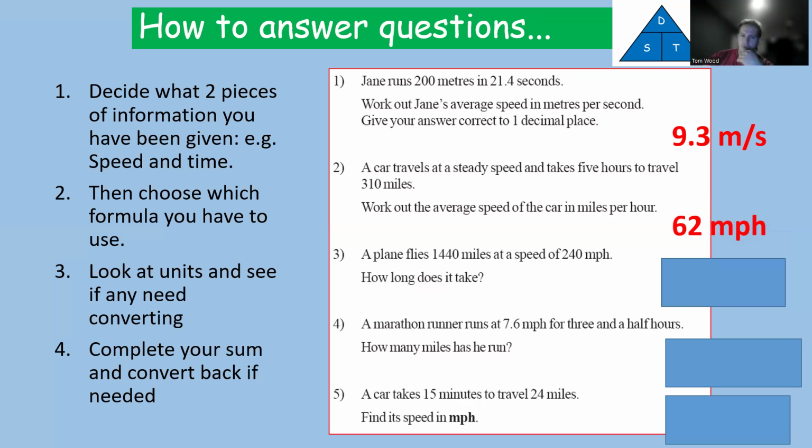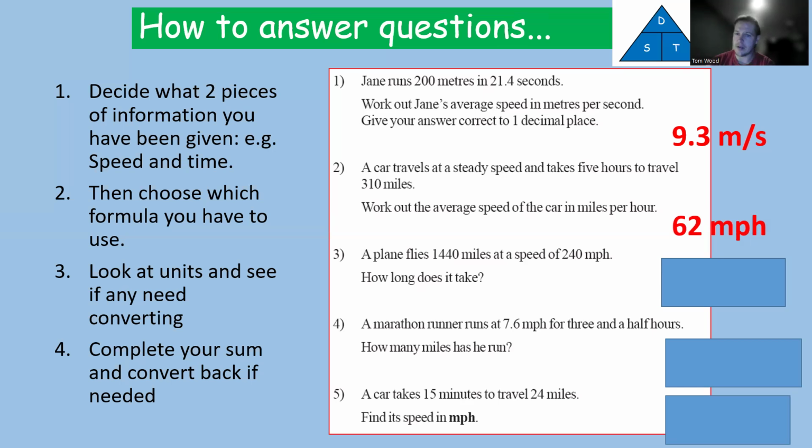So a plane flies 1,400 miles at a speed of 240 miles per hour. How long did it take? Okay, so how long? That is a time frame. So let's cover up time. Now I've got distance over speed. Distance divided by speed. Even just for writing that again, we're probably going to get 1 mark there. The distance here is 1,400 because that is miles.